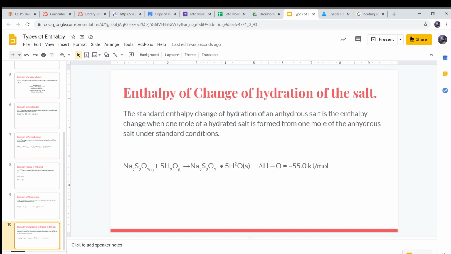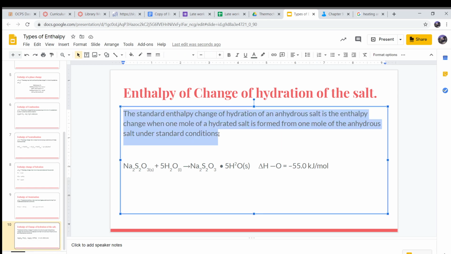And the last one is the change in hydration of a salt. So salts, when you hydrate them, are going to have a change in energy. And it's the same thing. It's 1 mole of a salt gaining in hydration.